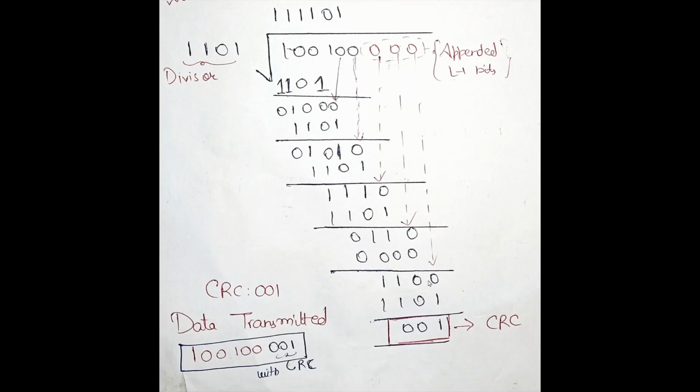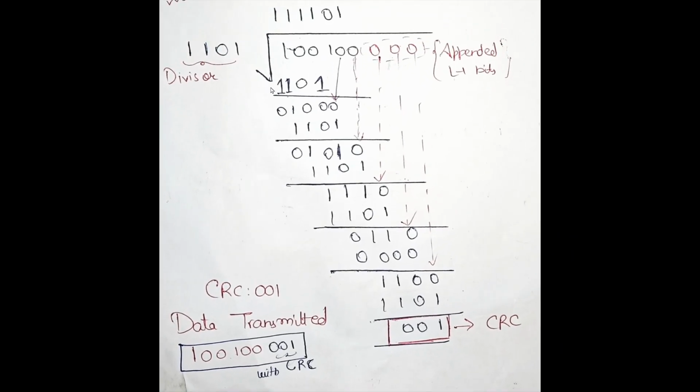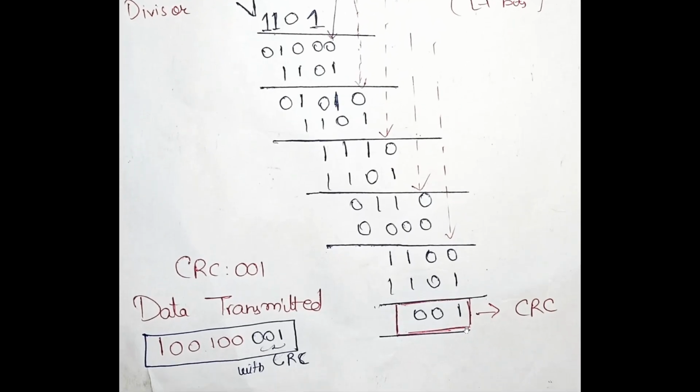Okay, now what we did is, in the last step we placed 1 here and did 1101, and the outcome came out to be 001. Now there is no more 0 left, and this is less than the number of bits in the divisor, so it cannot be divided further. Hence this is the CRC.